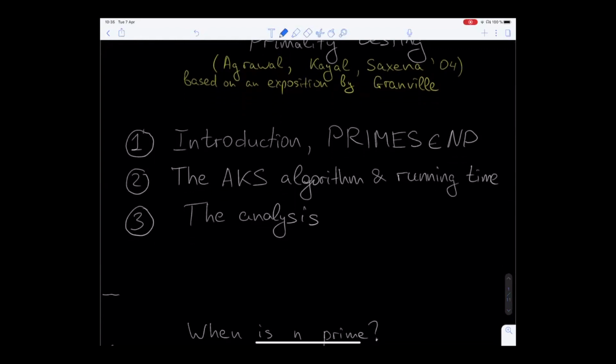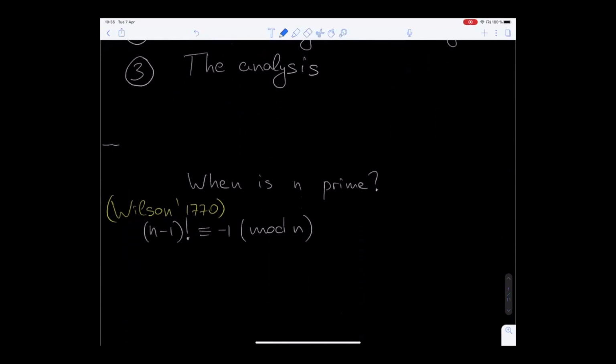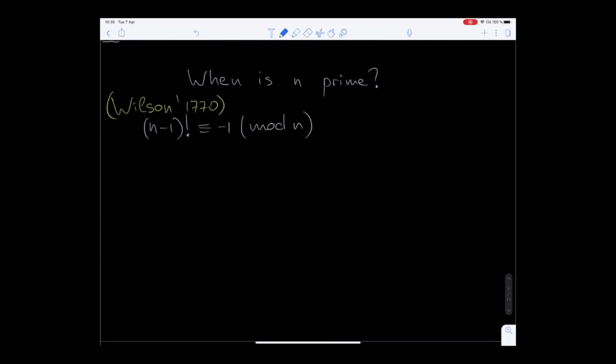Another idea is to use this very old result about prime numbers due to Wilson, which tells you that a number is prime if and only if (n-1) factorial is -1 modulo n.